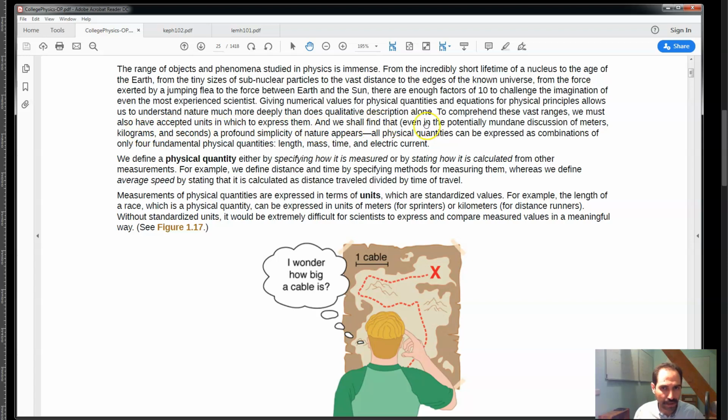And we shall find that even in the potentially mundane discussion of meters, kilograms, and seconds, a profound simplicity of nature appears. All physical quantities can be expressed as combinations of only 4 fundamental physical quantities: length, mass, time, and electric current. So in this text it seems that the base units are 4, or at least 4 now.